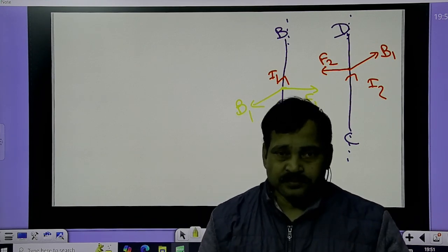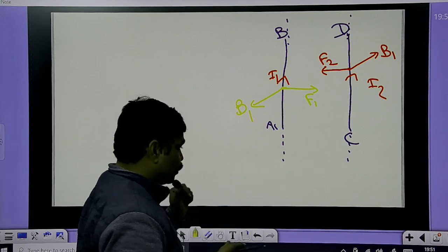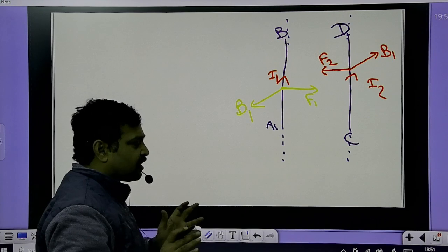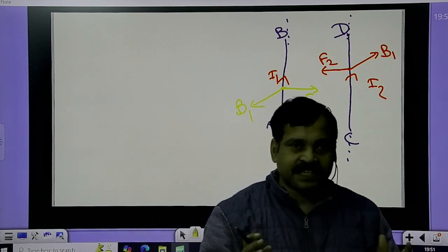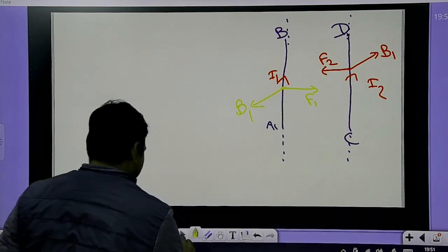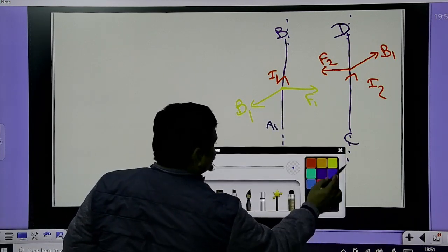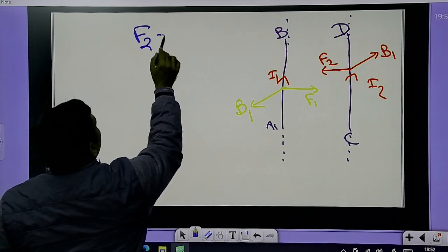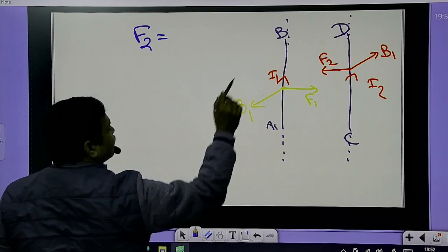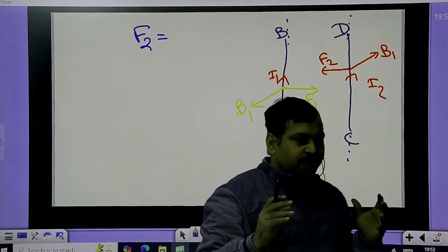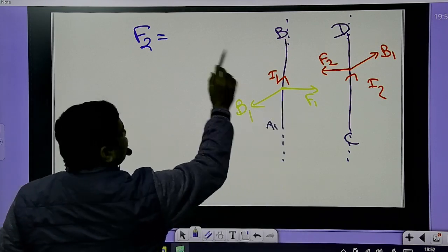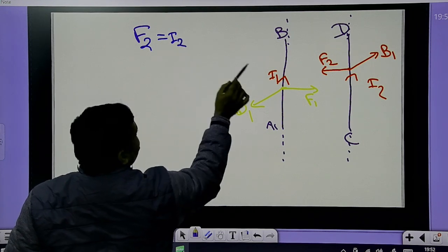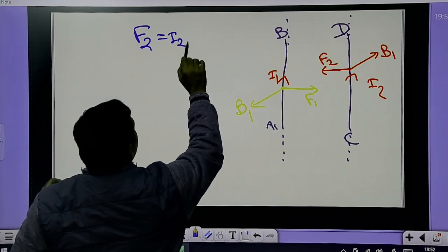Now we can find out the force. How do we find the force? Force is equal to I L B sin theta. Here F2, the force acting on the current carrying conductor CD, will be equal to I2 L B1 sin theta, where L is the length of the conductor.